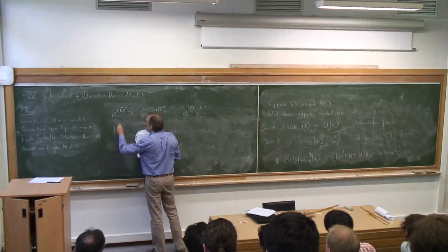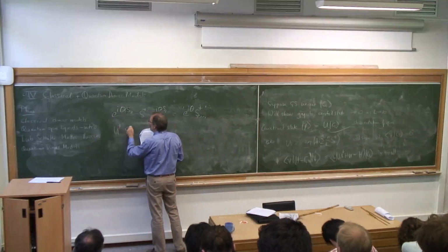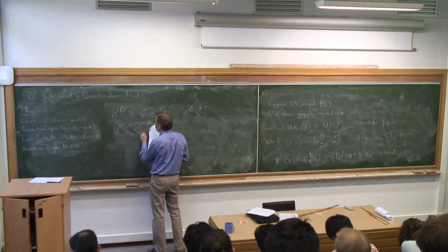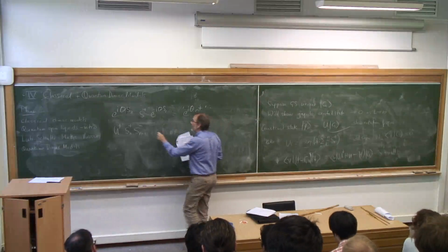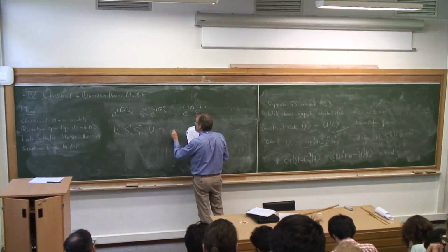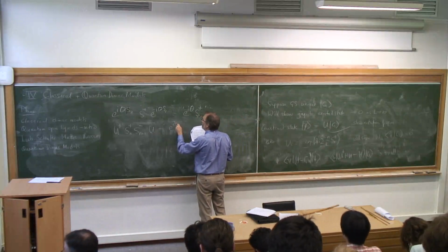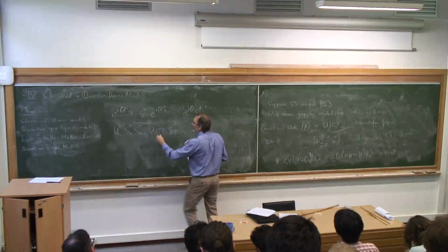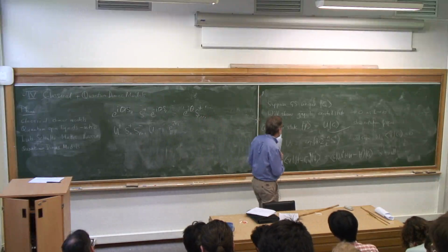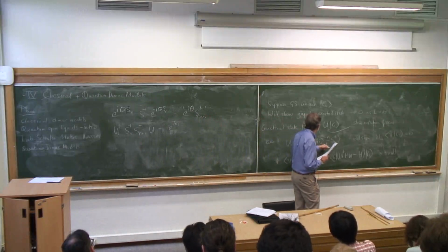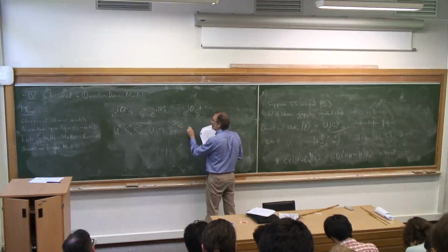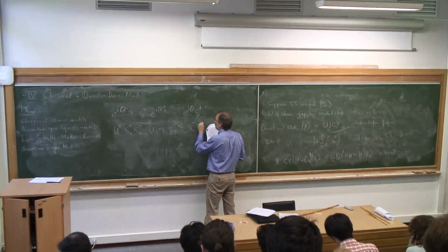So if we look at what happens when we rotate the terms that describe the xy parts of the exchange, then the differences in rotation angles at these two sites are just 2 pi over L, so we get a factor of e to the 2 pi I over L times S plus S minus.